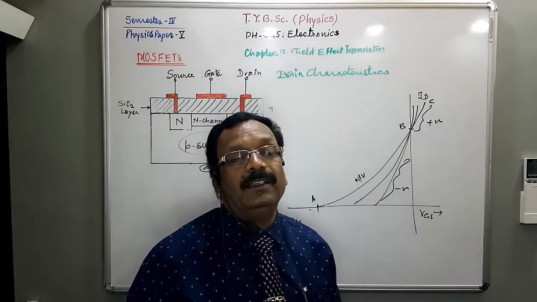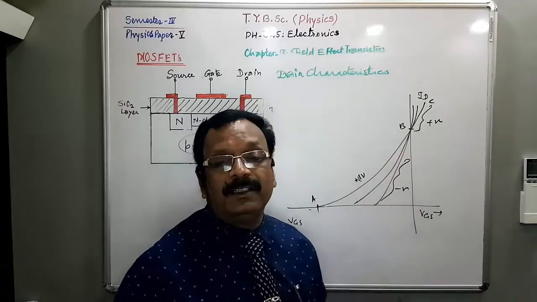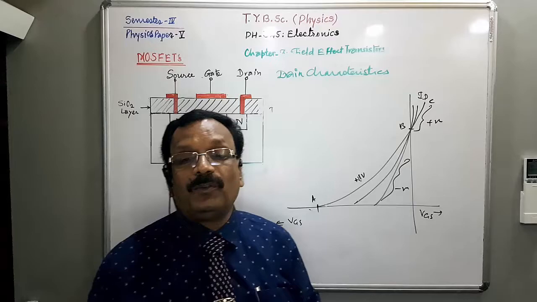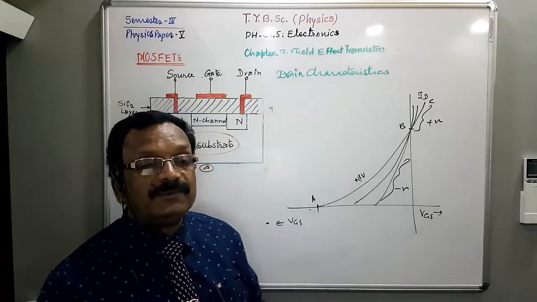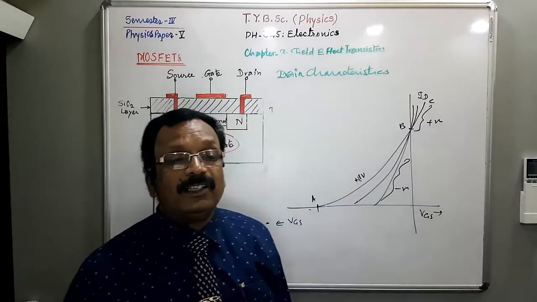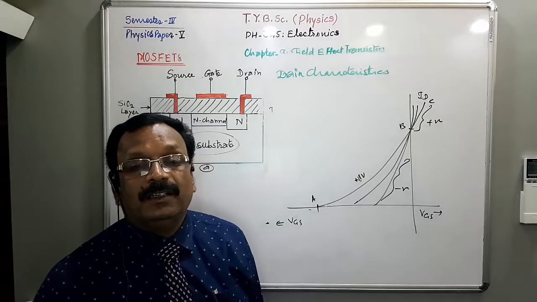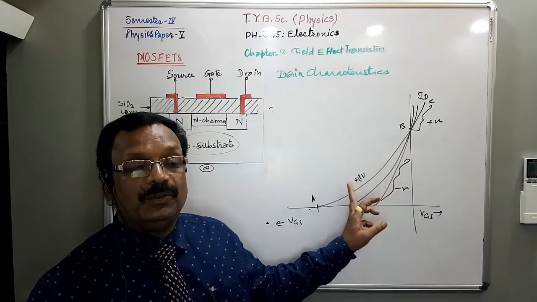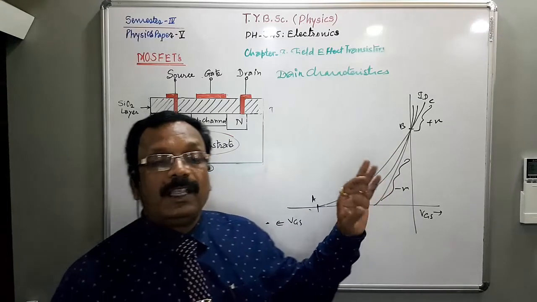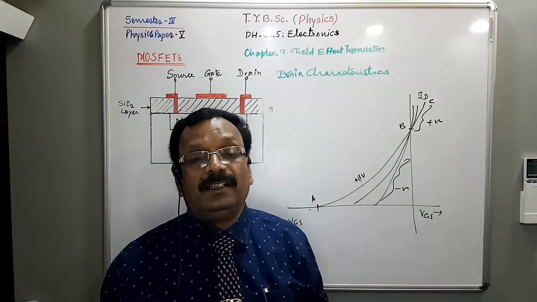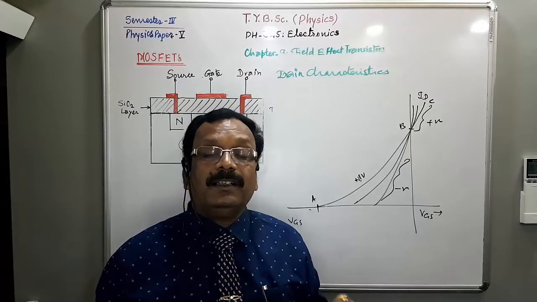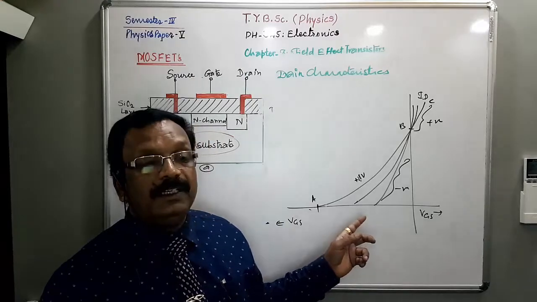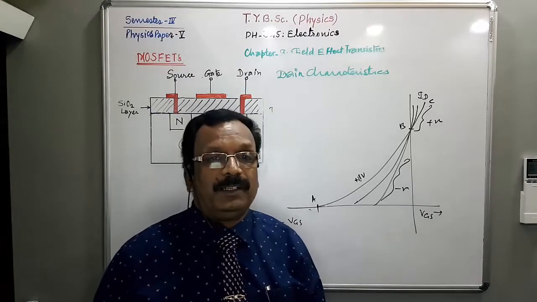It may be noted that the region AB is similar to that of JFET. This curve extends for positive values, that is along DC. Also it may be noted that even though VGS is 0, the MOSFET has a drain current, and because of this it is called normally on MOSFET.